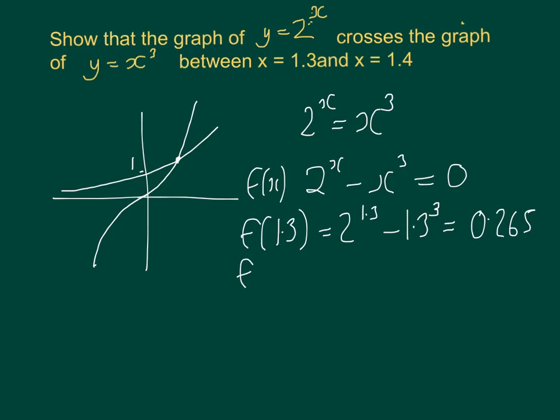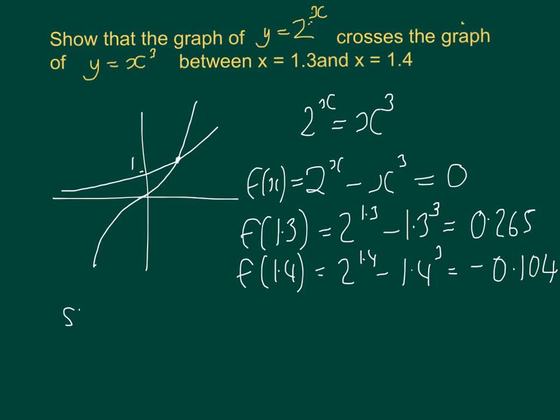Then if we put our second value in, 1.4, so we've got 2 to the 1.4 minus 1.4 cubed, okay, that is minus 0.104. Okay, so obviously we've got a sign change between 1.3 and 1.4, and if we've got a sign change, that means we've got a solution to our f of x function, so therefore we've got a solution to 2 to the x equals x cubed.